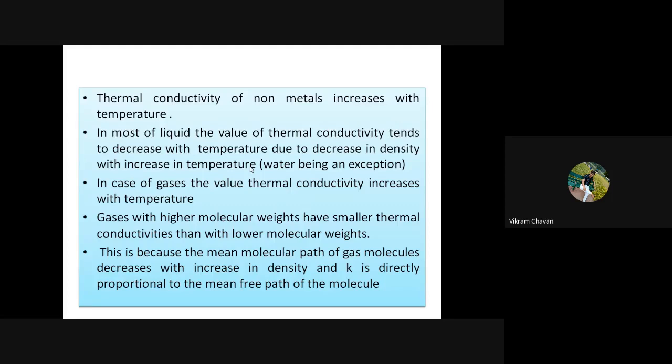Next, in most liquids, the value of thermal conductivity tends to decrease with temperature due to a decrease in density with an increase in temperature.